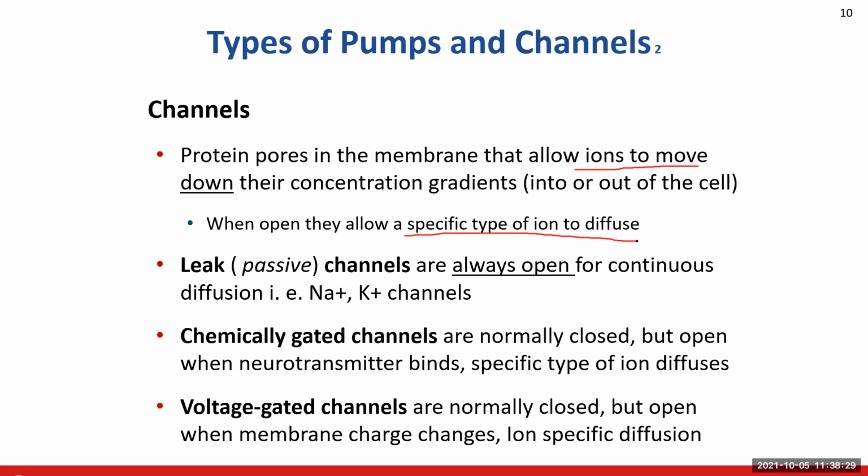It doesn't let any kind of ion through. Potassium can only go through a potassium channel. It cannot go through a sodium channel. It cannot go through a chloride channel. So when these are open, ions can only go through the specific channel designed for them, and they always go down their concentration gradient.